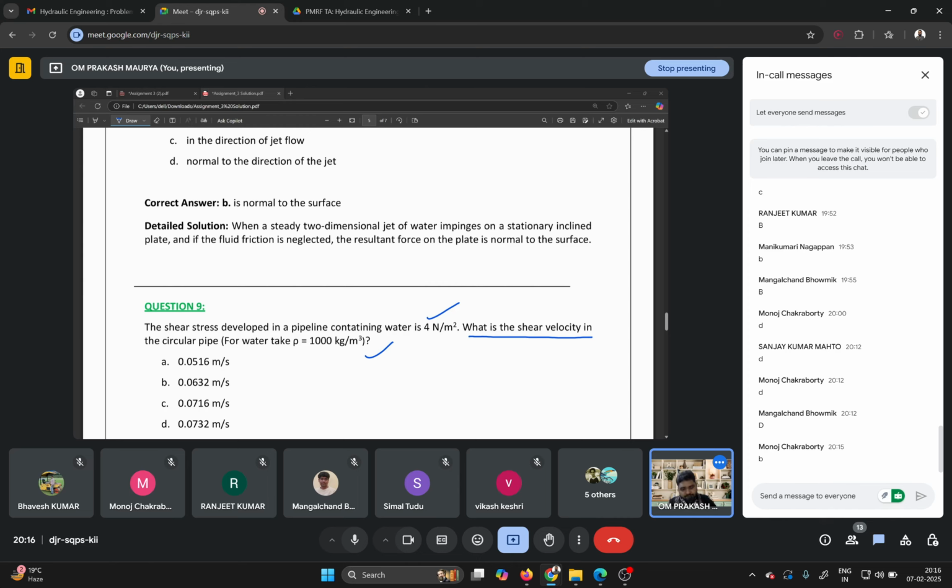The question is shear velocity. Sanjay is also telling option B. Okay, three students are telling option B.